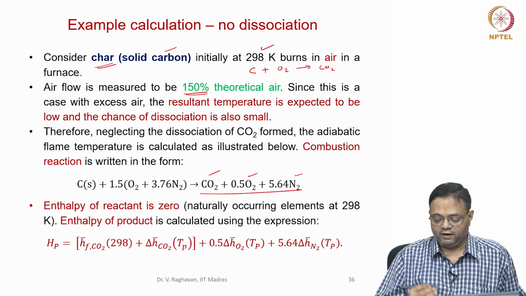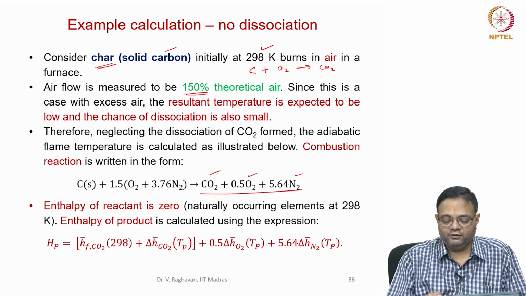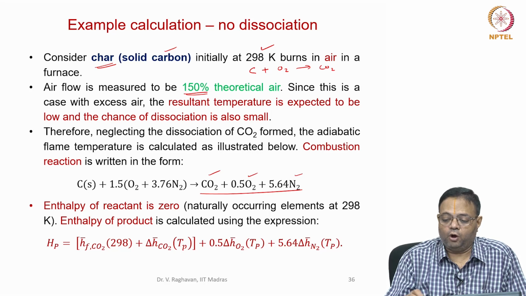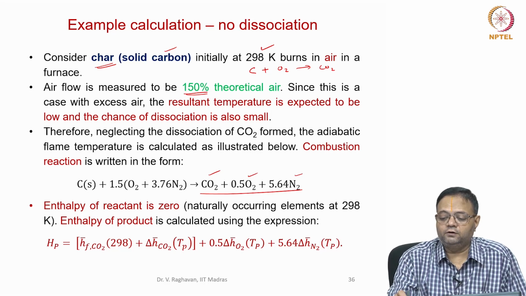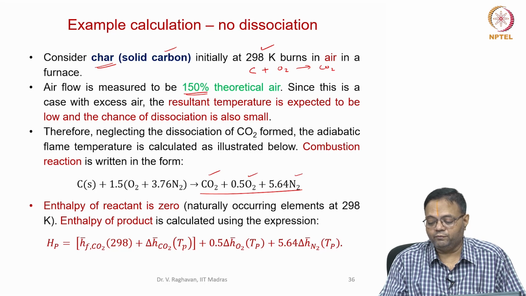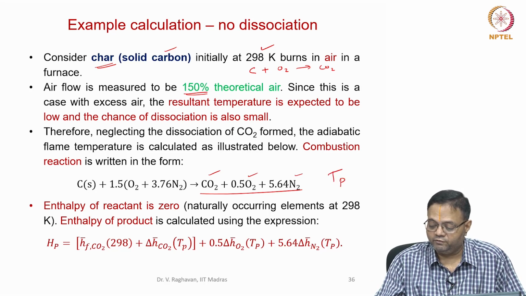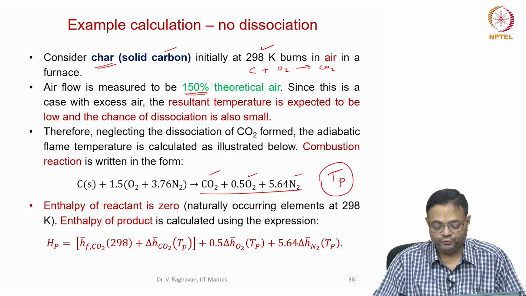So, we can straight away go for calculating the adiabatic flame temperature. I will illustrate the procedure. Now, air also comes in at 298 Kelvin. Products, 1 mole of CO2, 0.5 moles of O2 plus 5.64 moles of N2 leave at a temperature of Tp, which is the adiabatic flame temperature for me.